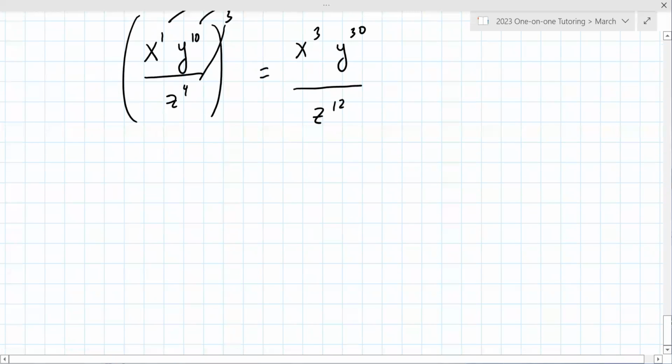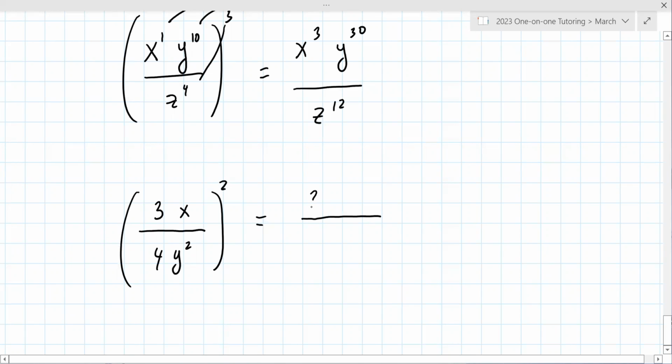Now let's do one with some numbers in it. So let's say it's 3x over 4y squared, to the power of 2. This means that it's 3 squared, x squared, over 4 squared, y to the 4th. You're squaring each of them.